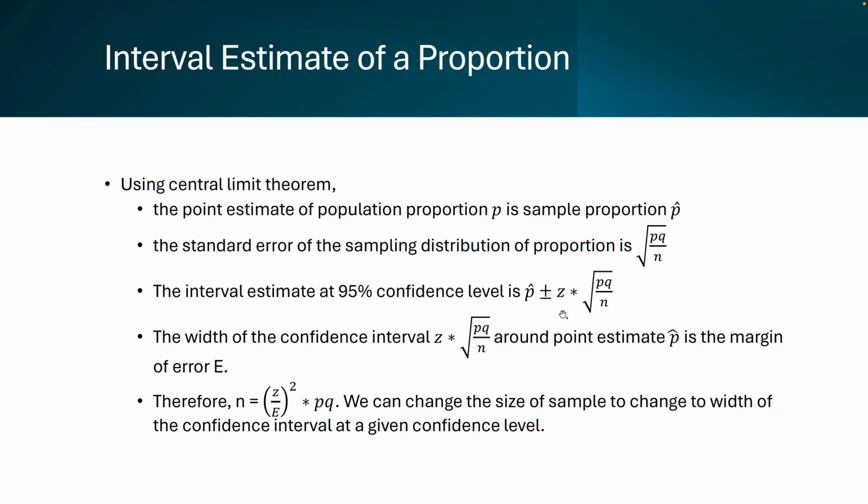And z that corresponds to 95% confidence level is plus minus 1.96. Similarly, we can repurpose the margin of error equation to get the optimal sample size, which is given by (z by E) whole square times pq. So we can extend this to variance also using similar principles, but we will stick to mean and proportion.